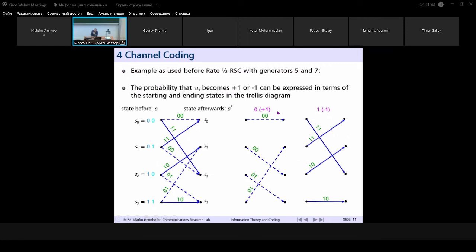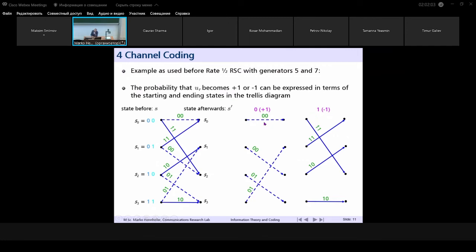So for example here, I just have drawn all the transitions in this trellis diagram corresponding to a 0 bit. And here we have all the transitions corresponding to a 1 bit.